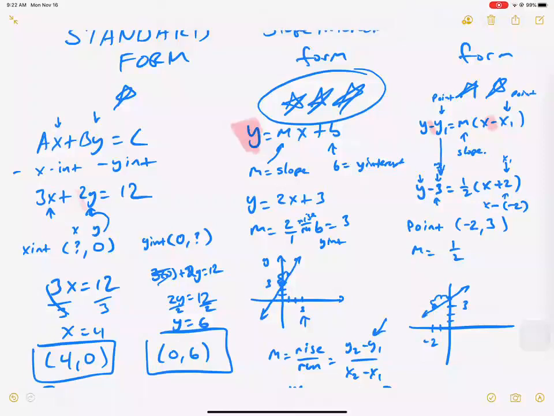So if I stick a 3 here, we would end up with y minus 3. But over here, you see x plus 2. Well, it's supposed to be negative. So x is not positive 2, it's negative 2. Because a negative and a negative force it to become a positive.